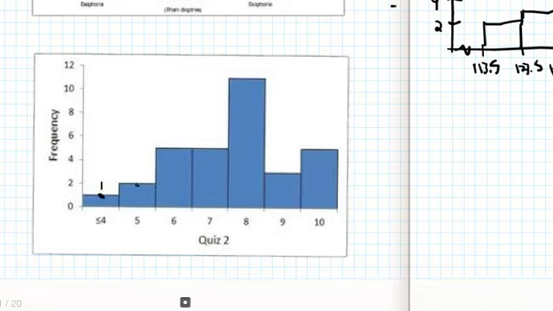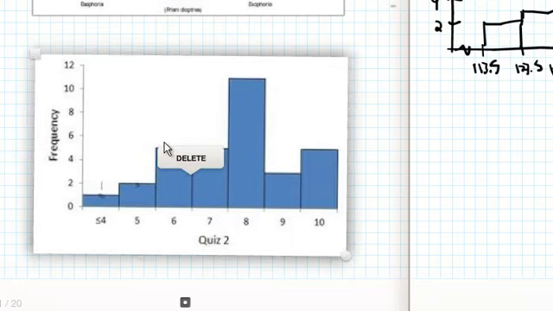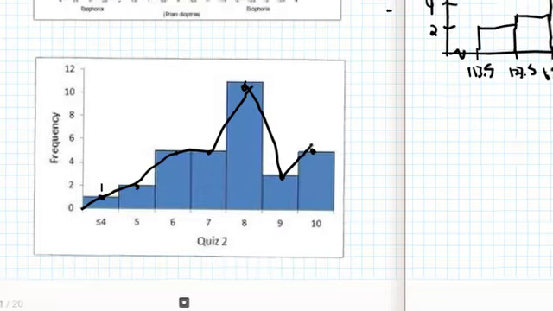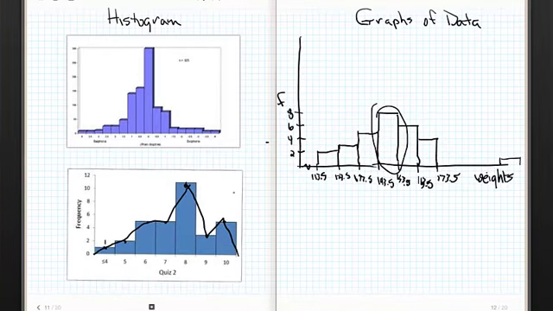So it puts a dot right there, and we got a dot there, a dot there, and a dot there, and there, and there, and there. And then you start at 0 and you connect the dots. Pretty crazy statistical, huh? So boom, boom, and then you finish up down here. It's a polygon because it's a multi-sided shape.